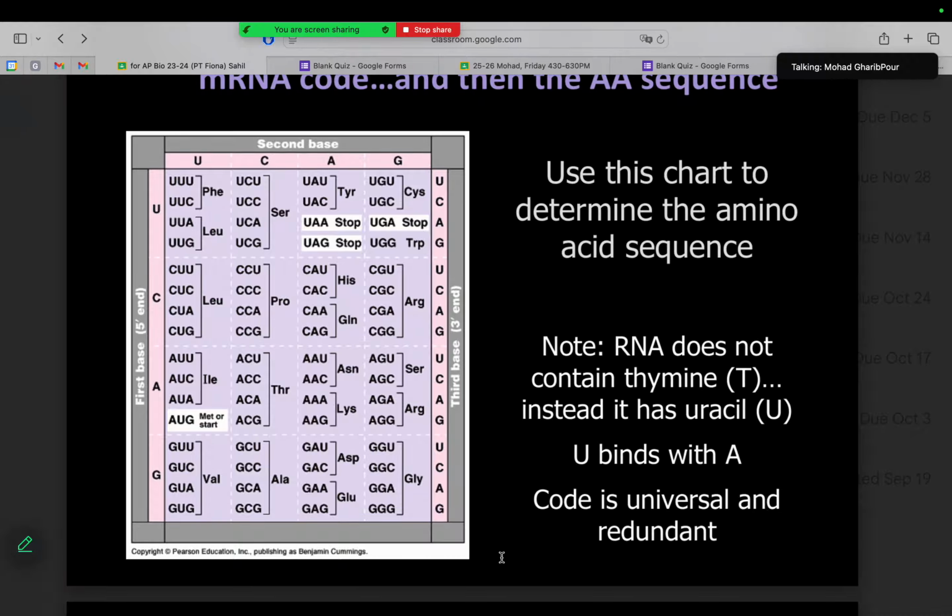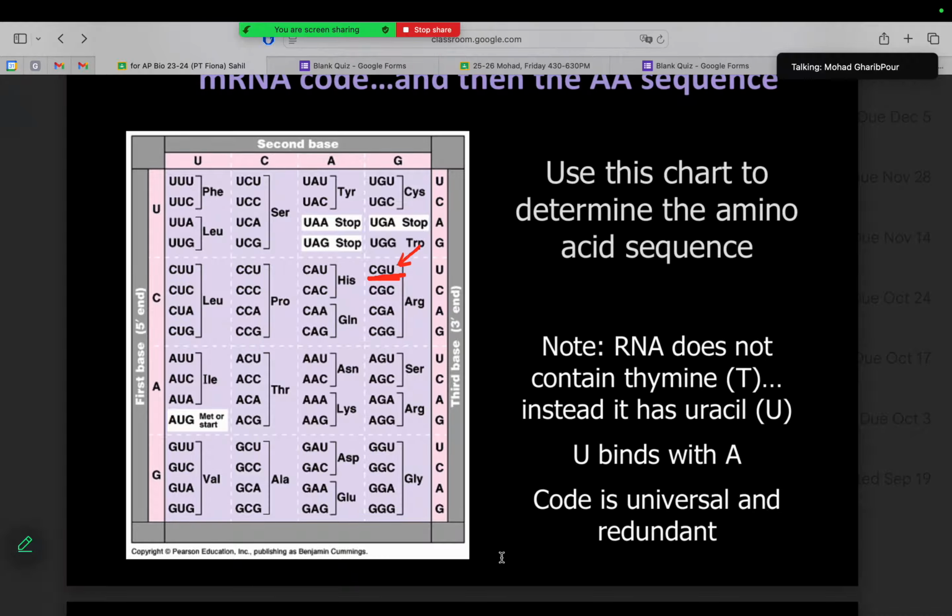And actually, redundancy can decrease mutations as well. Not exactly decrease the occurrence of mutation, the frequency of mutation will stay the same, except, for example, if I have in my DNA sequence, or RNA sequence, CGU, and my U is mutated to some other nucleotide.